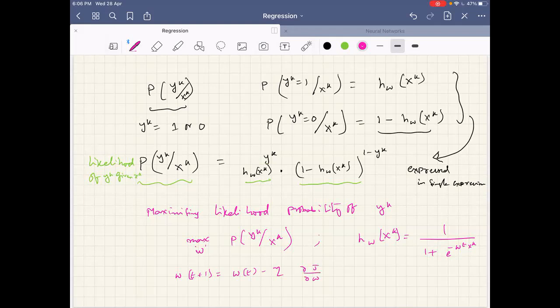In general, we have discussed gradient descent. However, here what we are trying to do is maximize the probability or the likelihood, and thus what we use for performing the optimization or the weight update is gradient ascent.